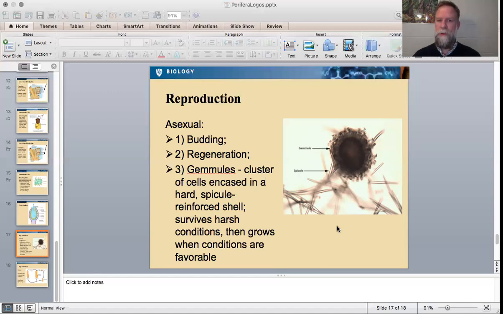And then they also produce something called a gemmule, which I would say is akin to some type of spore. We saw spores in bacteria and also in certain protists and fungi.